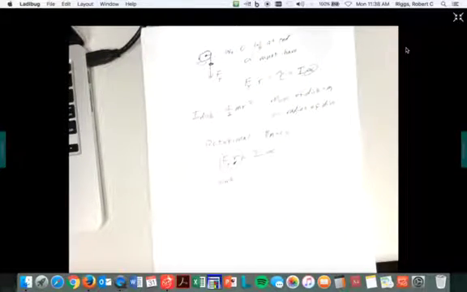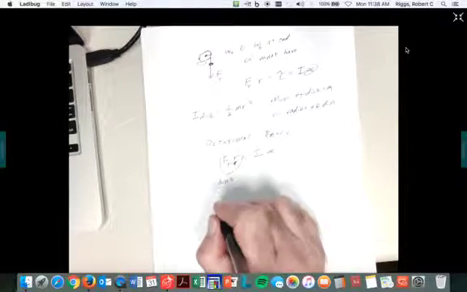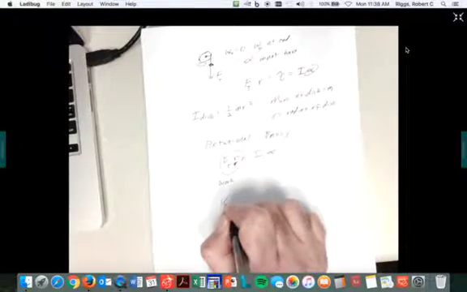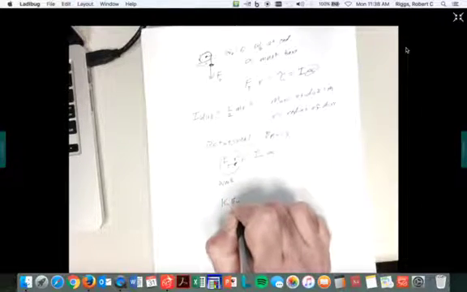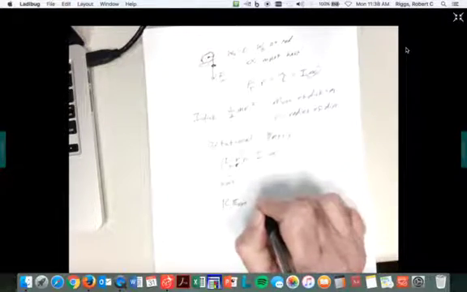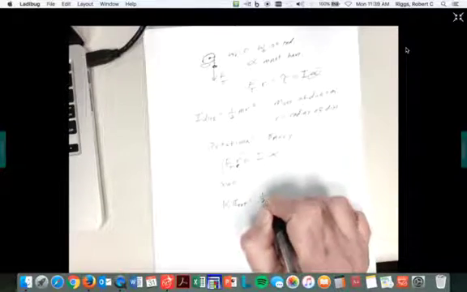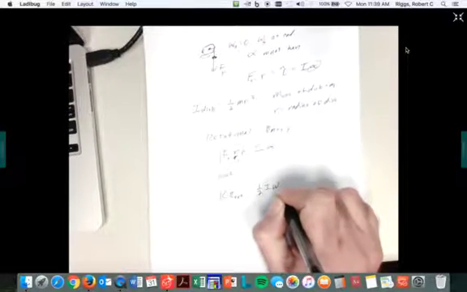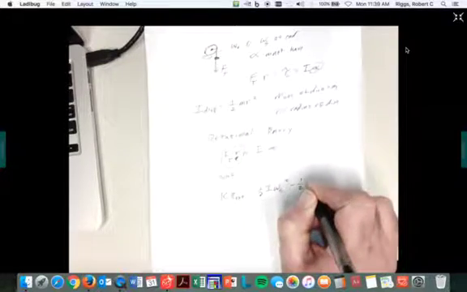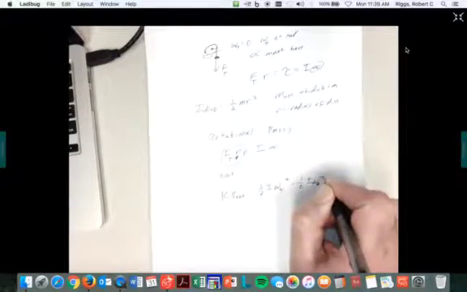I hope I didn't muddy the waters. But the change in rotational energy, KE rotational, is equal to 1/2 I omega final squared minus 1/2 I omega naught squared.